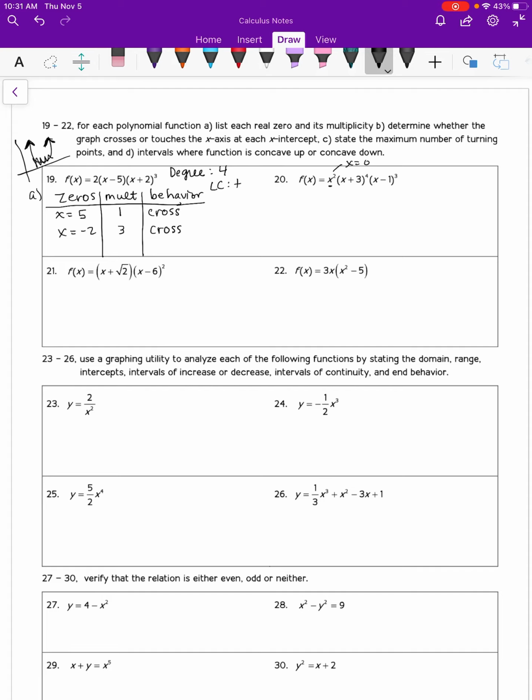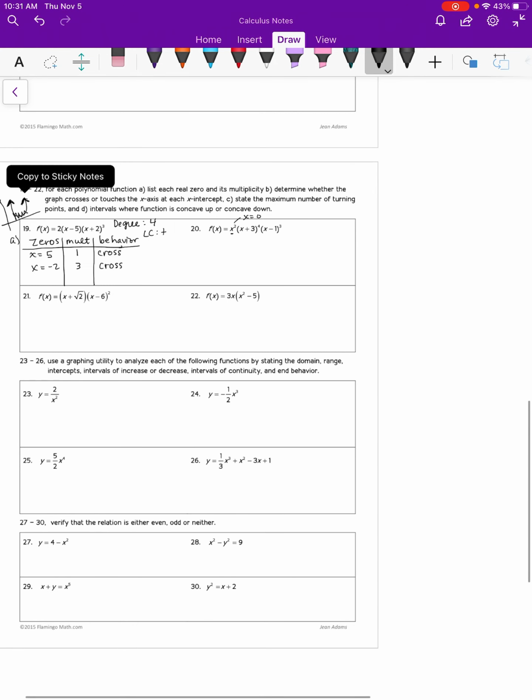So when we go to graph this, I'm going to put 1, 2, 3, 4, 5, label that as a 5, and -2, I also have a 0, okay? I know my end behavior is going to be up on both sides, so I just want to remember that. I also know that it's going to cross through, but it is a 4th degree, okay?